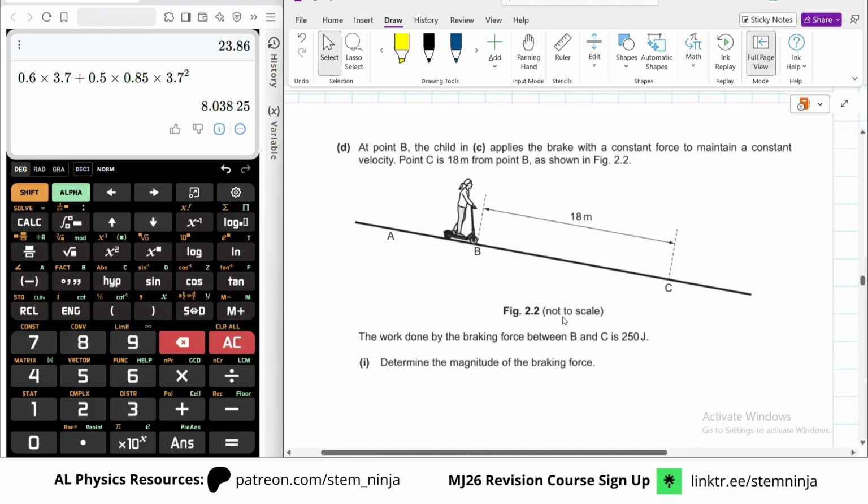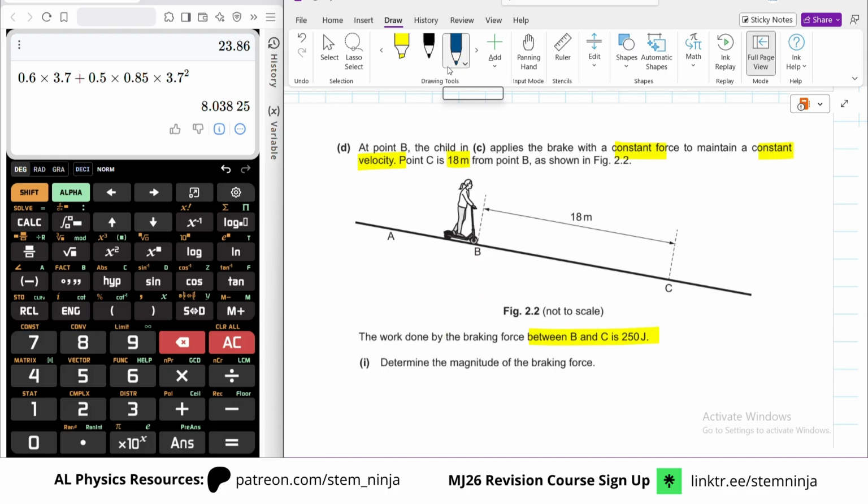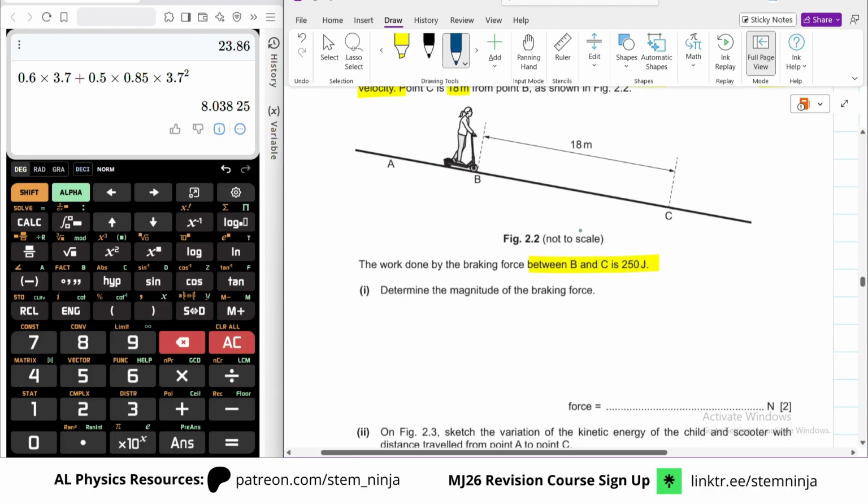Okay, at point B, the child applies the brake with constant force to maintain a constant velocity. Point C is 18 meters from point B as shown in figure 2.2. The work done by the braking force between B and C is 250 joules. Determine the magnitude of the braking force.